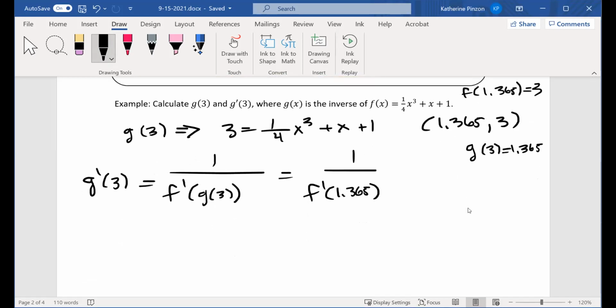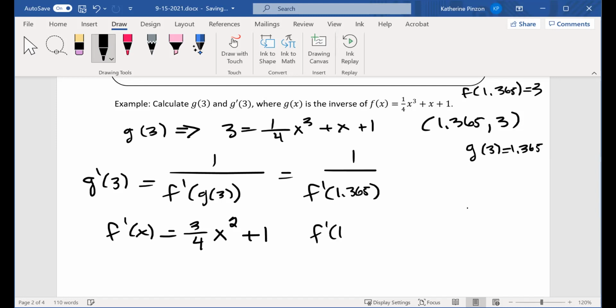Okay, so to find g prime of 3, I need to know f prime of this number. So first I have to find f prime of x. How do you take the derivative of this guy? Just do it. What's it going to be? 3 over 4, bring the power in front, x to the second, plus 1 plus 0, right?